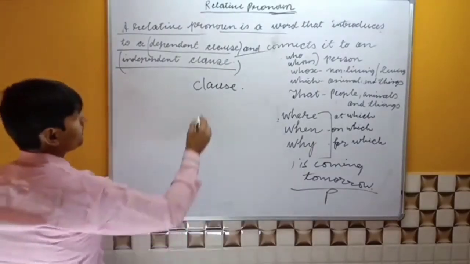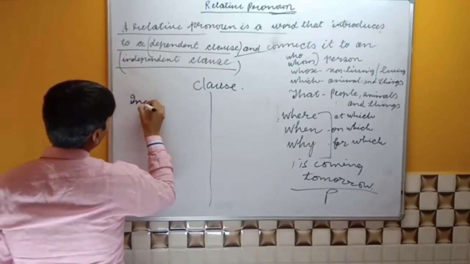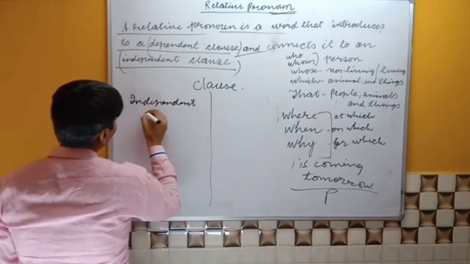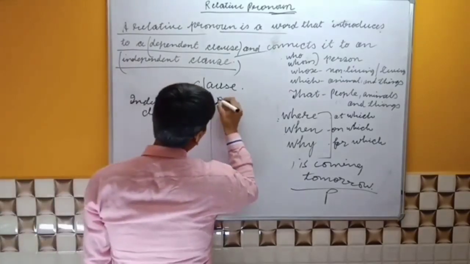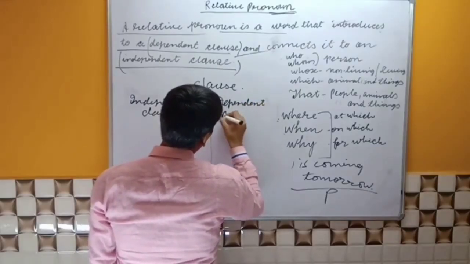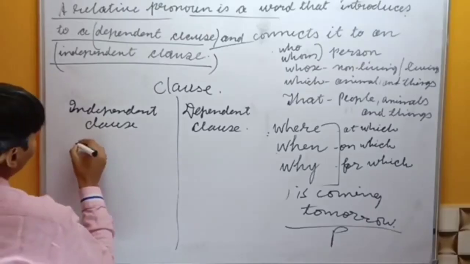So there are two kinds of clause here. The first one is the independent clause. Now it is the dependent clause. The next one is the main clause.